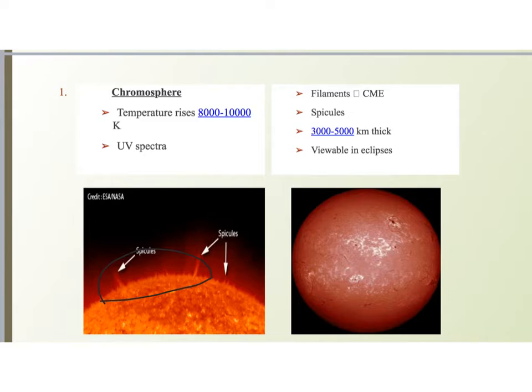So the chromosphere has two features. It has filaments and spicules. Spicules are these thin, wispy jets right here that look like fingers of gas, and they rise up from the photosphere. They can last about 10 minutes or so. And then filaments are areas that look to underlie CMEs.